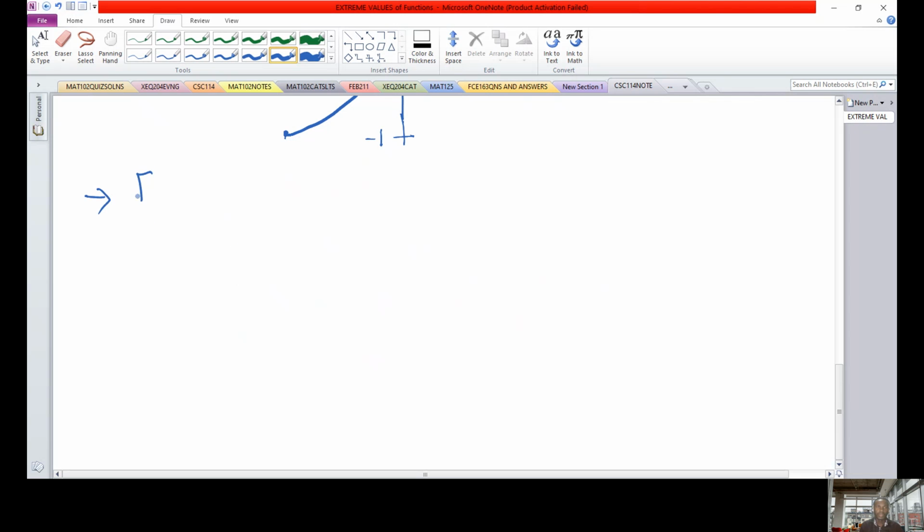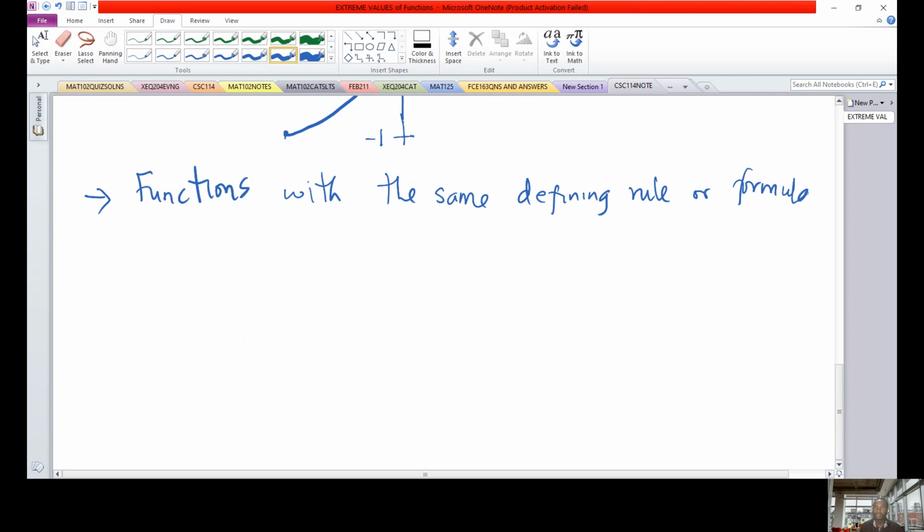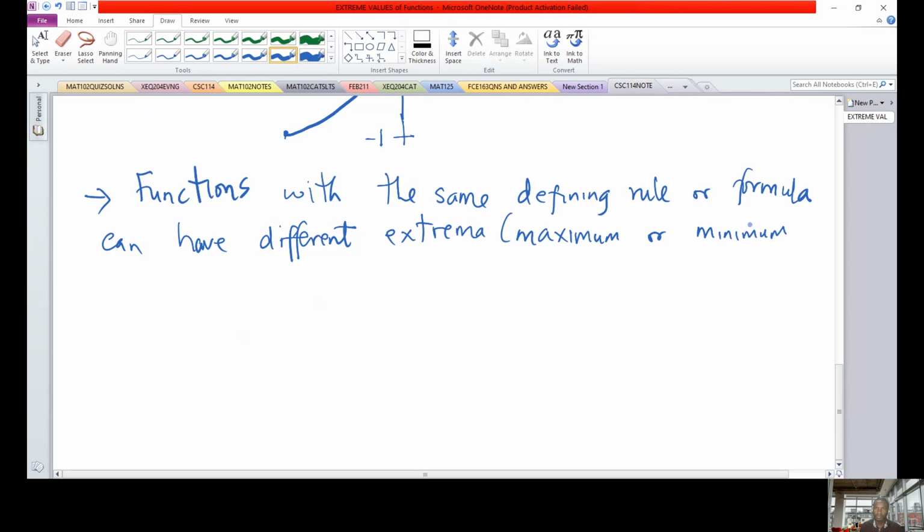So what you need to note is that functions with the same defining rule or formula can have different extrema, that is, the maximum or minimum value, depending on the domain.